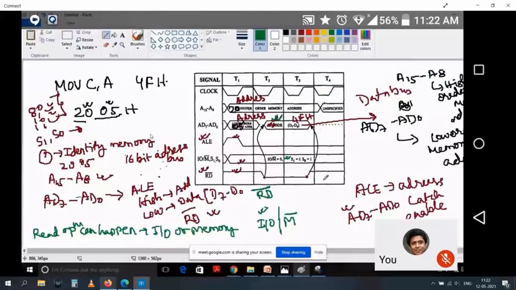The rest of the signals are not doing anything, they are just sitting as they are. Only these signals are being used by the control unit to do the fetch cycle, and this data is being fetched. Is this clear now? I have been able to make it clear.